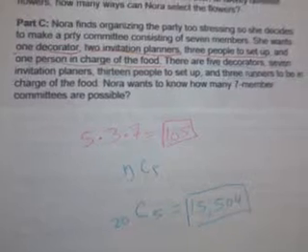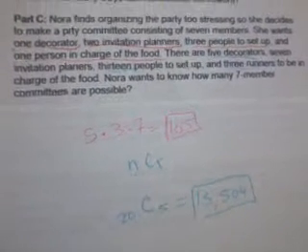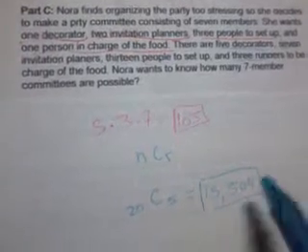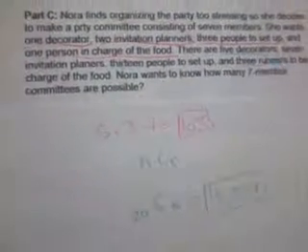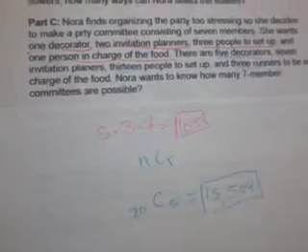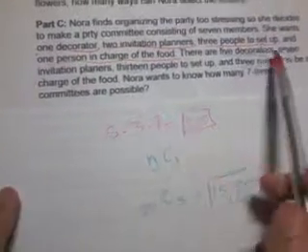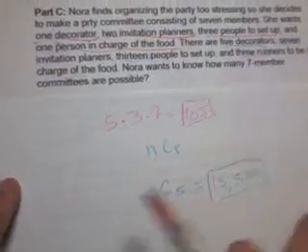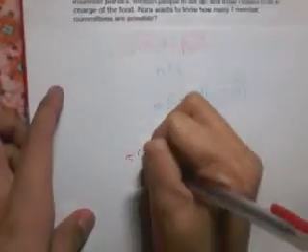So this is similar to Part B, only this time we have multiple events. So what we're going to do is go over each of the events separately and then multiply them together at the end. So the first one is 1 decorator, and the total number of decorators to choose from are 5. So it's 5C1, since we want 1.